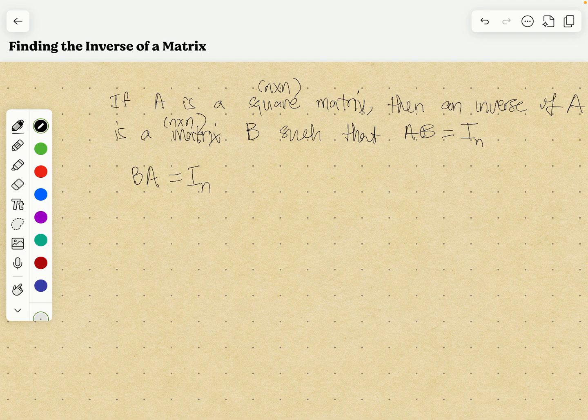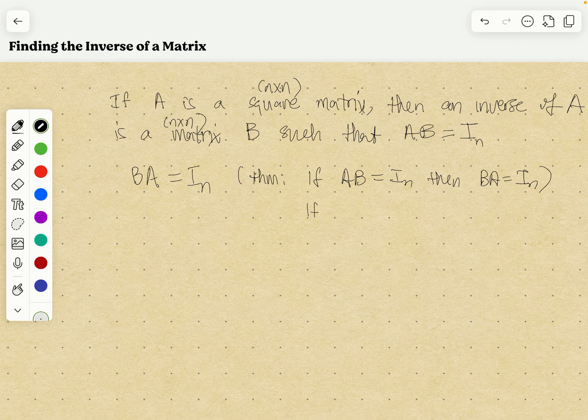But there's a theorem that says that if A times B is the identity matrix, then B times A is also the identity matrix. That's a theorem that, in this video anyway, we're not going to prove. And it's also vice versa.